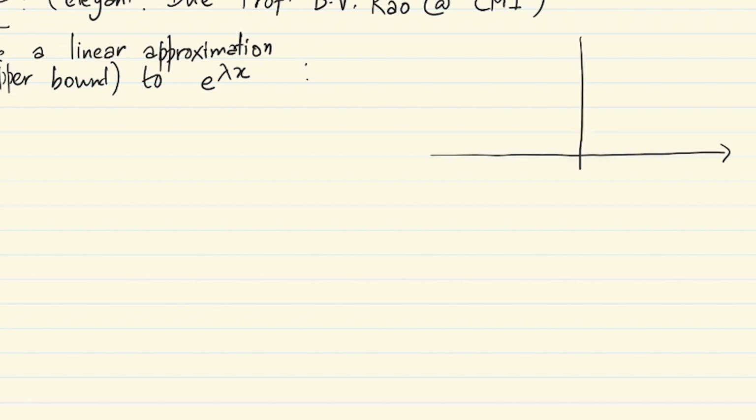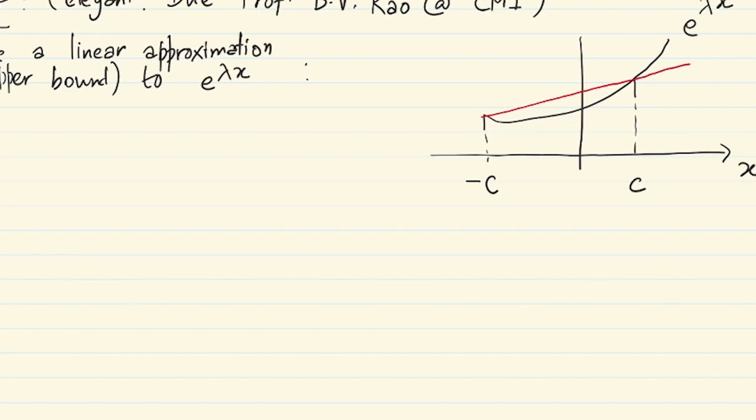you have x here and you have the function e to the lambda x for lambda some positive number, and you're interested in bounding this exponential function between the range minus c to c, and you seek a linear upper bound. Okay, so you want to connect these two endpoints with a line which will form our linear upper bound.